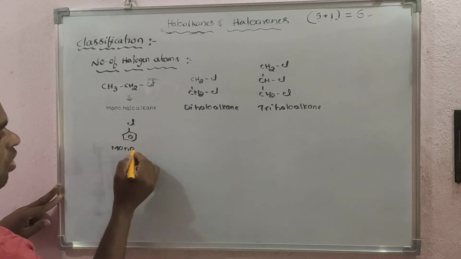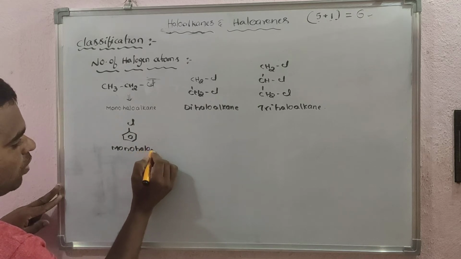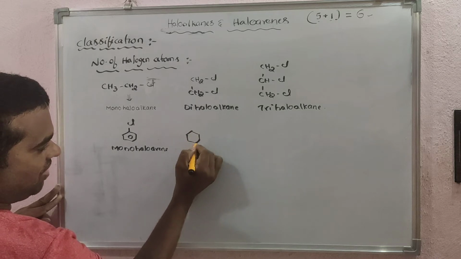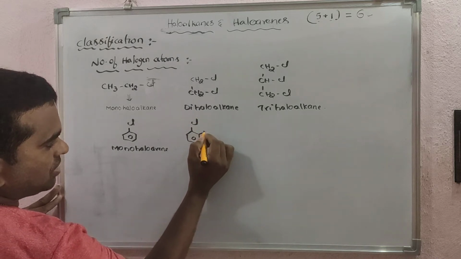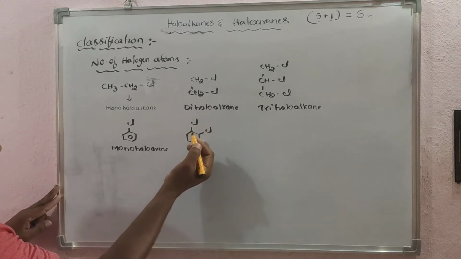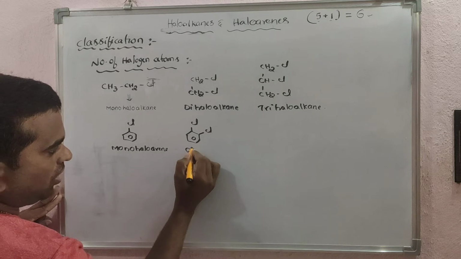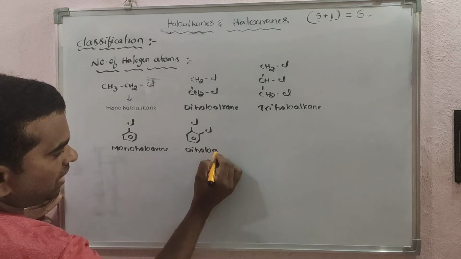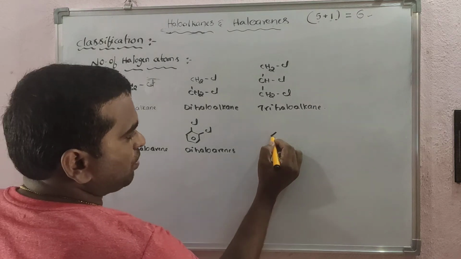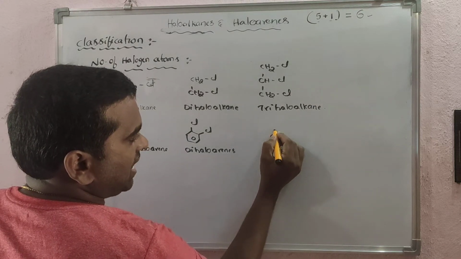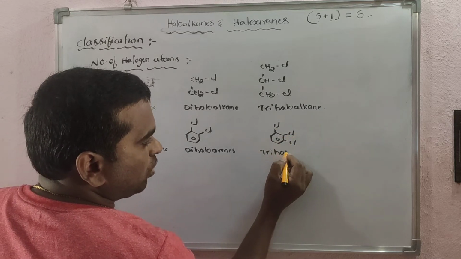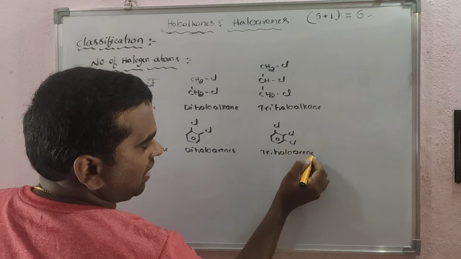monochlorobenzene, or we can call monohaloarene. Clear? If the benzene has two halogen atoms, it may be in this position or this, whatever it may be, this we will call dihaloarenes. And the next one, if three atoms are there, then we will call this trihaloarenes.